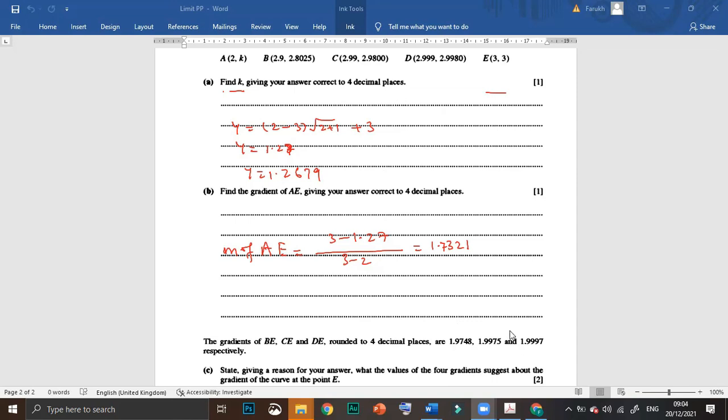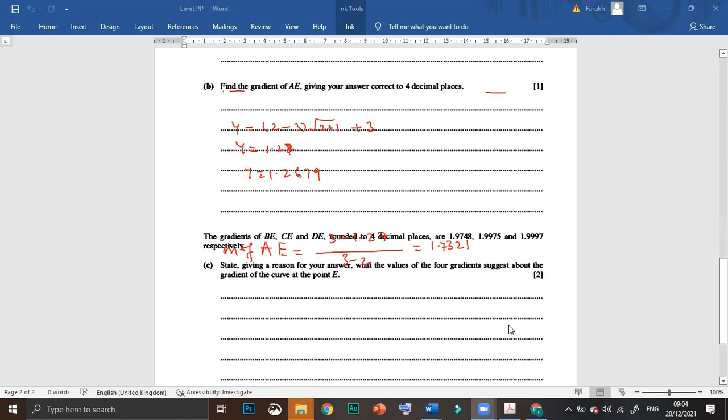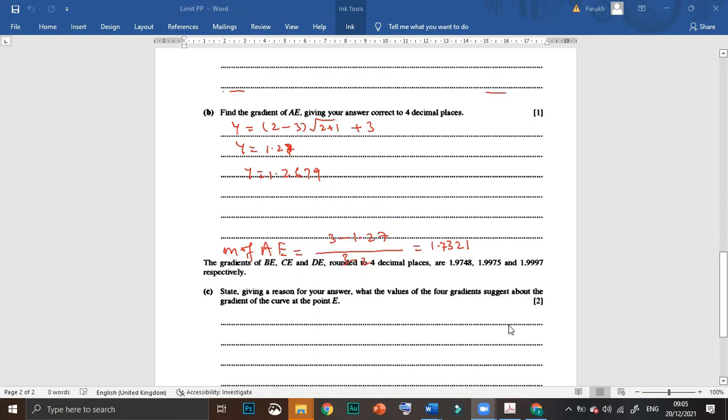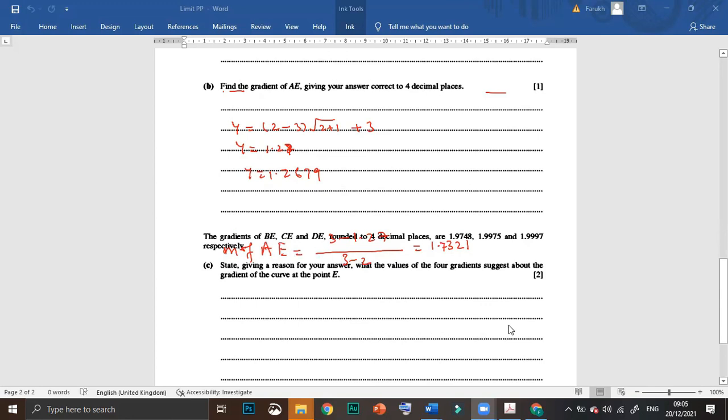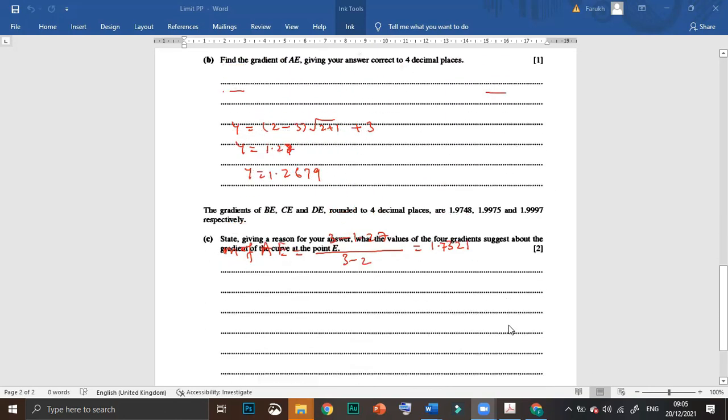So what is the gradient of the tangent line at point E? It is 2, absolutely correct. The gradient of the curve at 3 is 2.